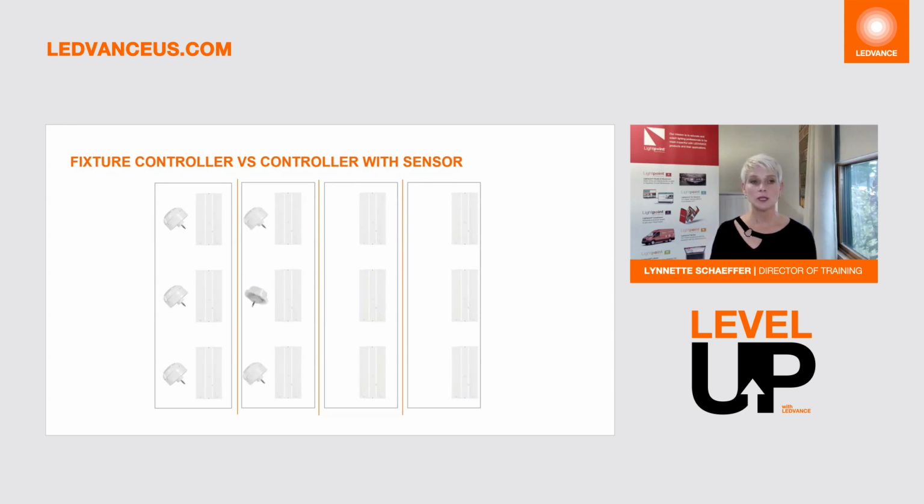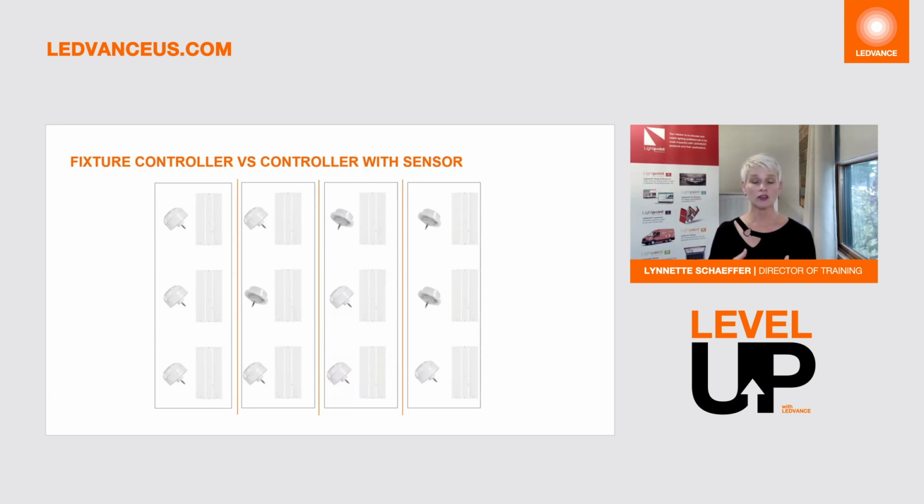However, some people may choose to do one fixture controller at the beginning of the aisle and maybe another one at the end, and then just have a fixture controller in the center. That could potentially work. Or you can maybe have 2 fixture controllers with sensor at the beginning of the aisle and only a fixture controller at the very end. Or you can also choose to do just one fixture controller with sensor at the beginning of the aisle and then have the rest be just a fixture controller.